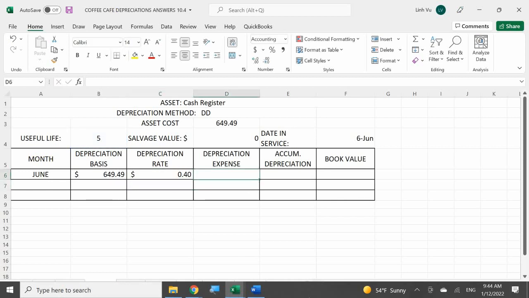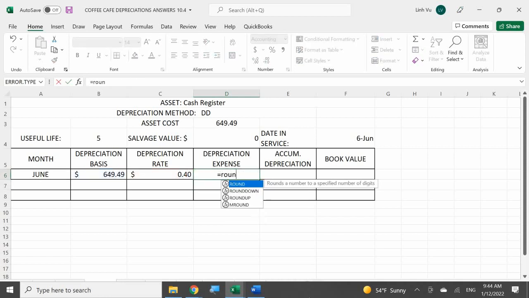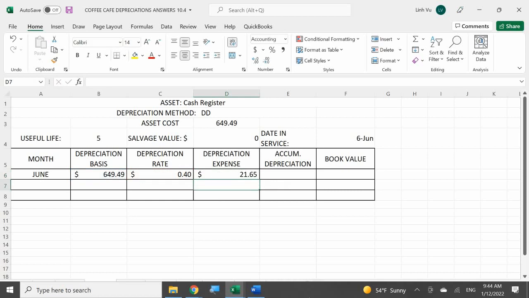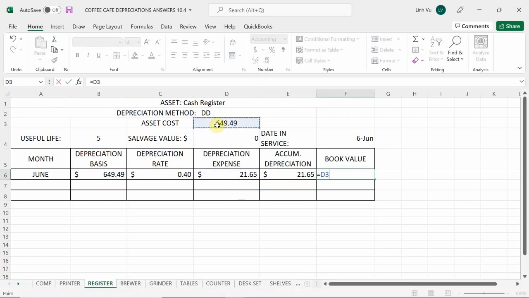So therefore, what should be my depreciation expense for the month of June? $21.65.